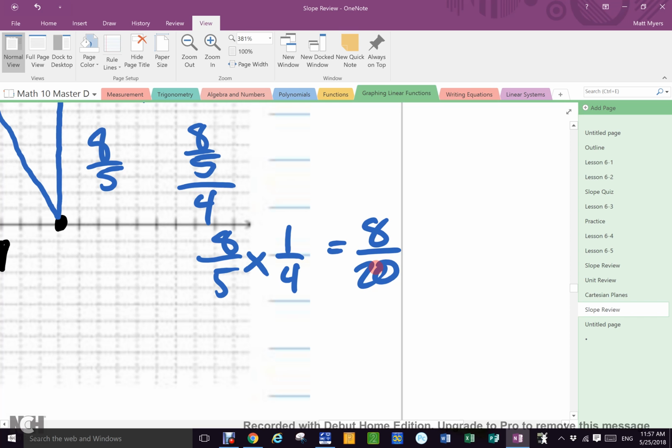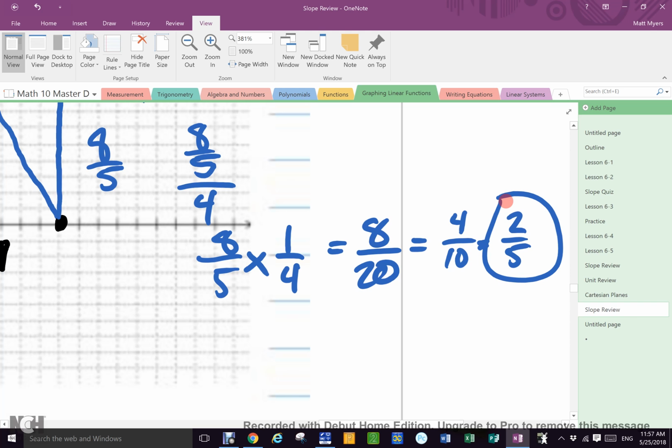Now, based on Ash's reaction, that is cause for concern for me. Do you not see why that works? Simplify. Excellent. 2, 4, 10, which is 2 fifths. That's the final answer.